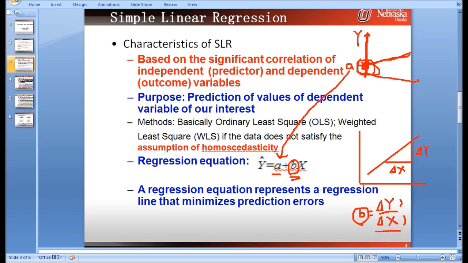Okay. On the SPSS output, I'm gonna show you where it is on the output of your regression analysis. Okay.